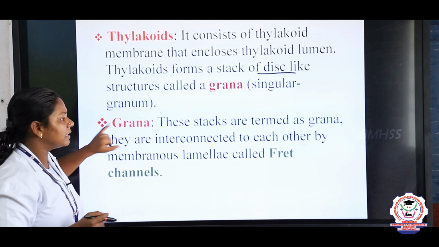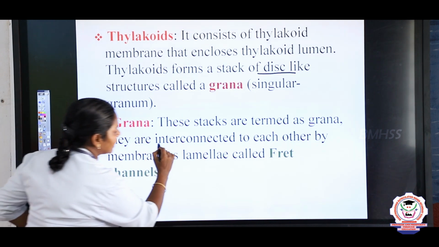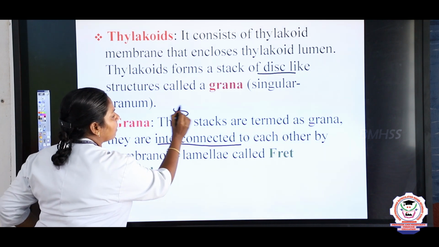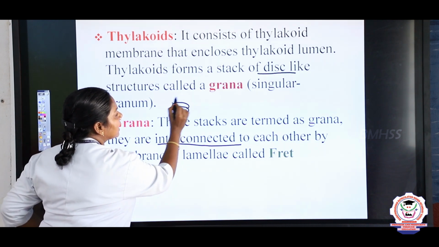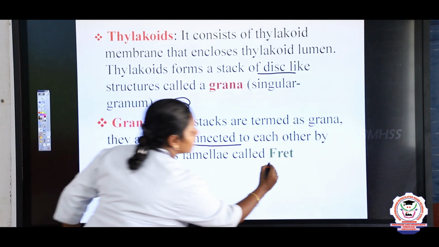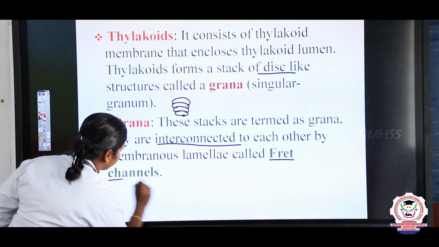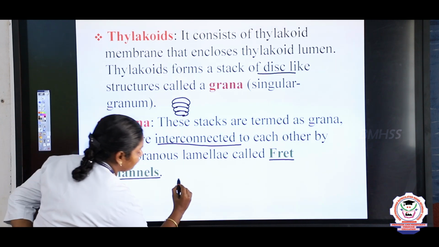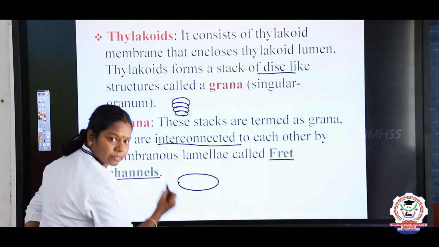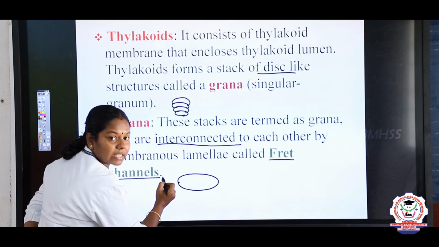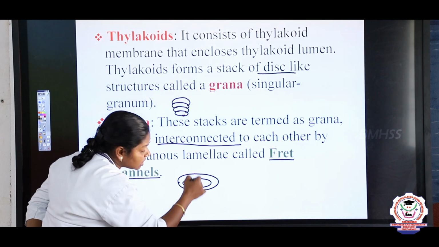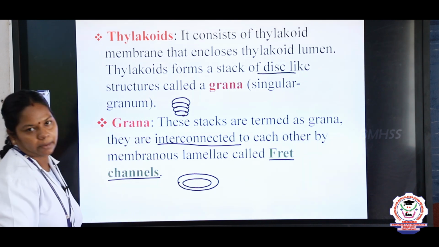The stacks are interconnected. If the thylakoid membrane is arranged one above the other, we call it a grana, and each grana is connected to the others by means of Fret channels. And if you take a thylakoid membrane, it has an outer covering, the thylakoid membrane, and inside we can see one empty cavity. It is called a thylakoid lumen, right?